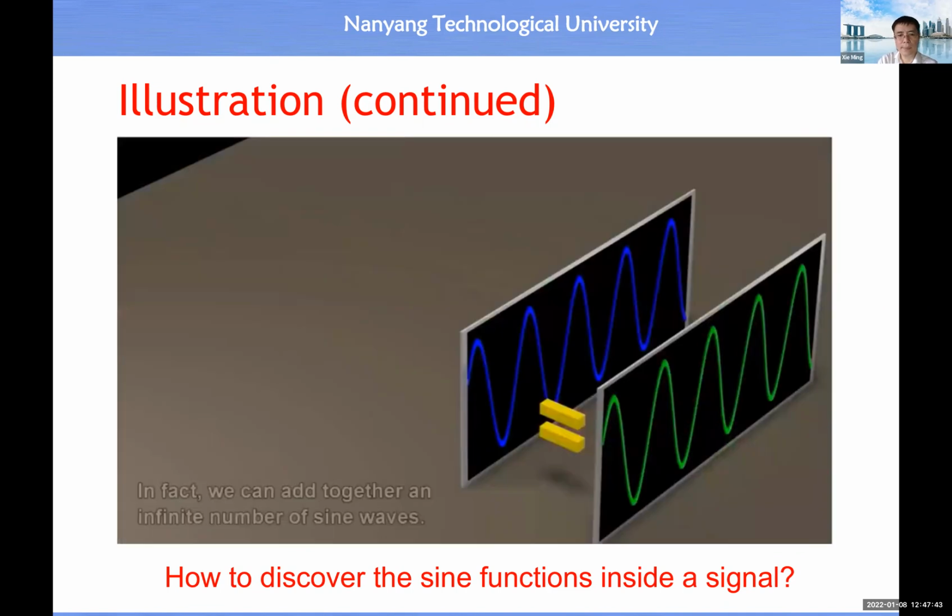In fact, we can add together an infinite number of sine waves.